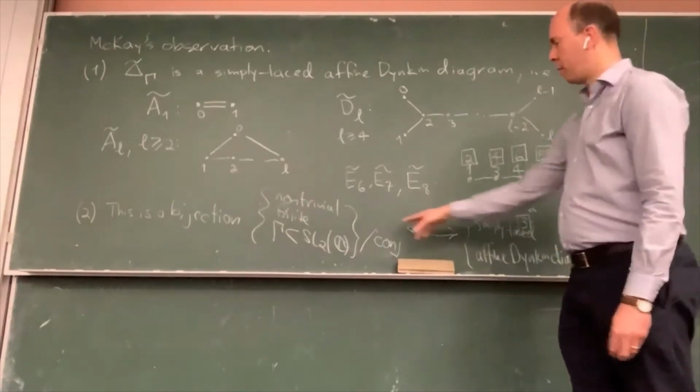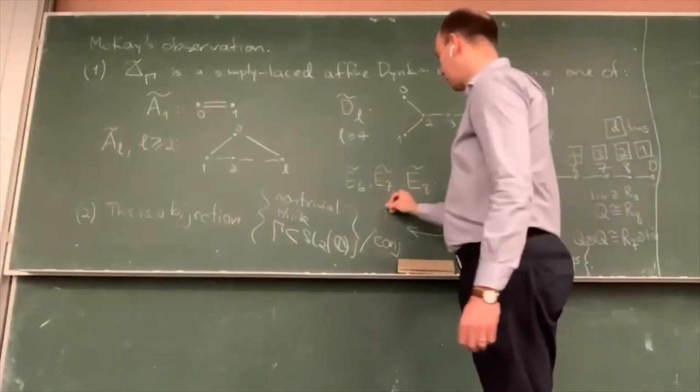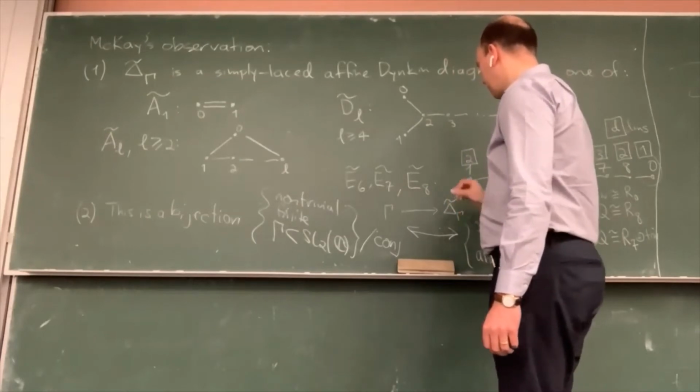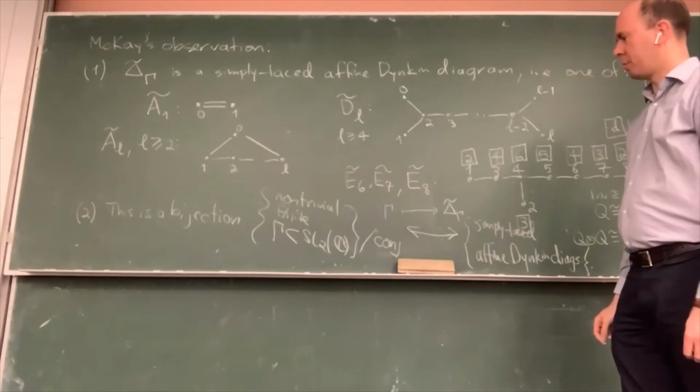So it's clear that you have a map from left to right. That's the map given by the McKay graph construction, taking gamma to delta tilde gamma. But it's amazing that it's a bijection.